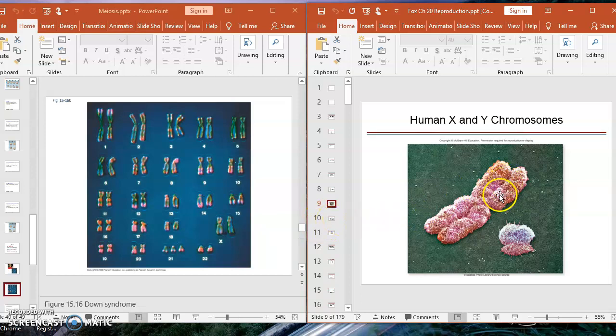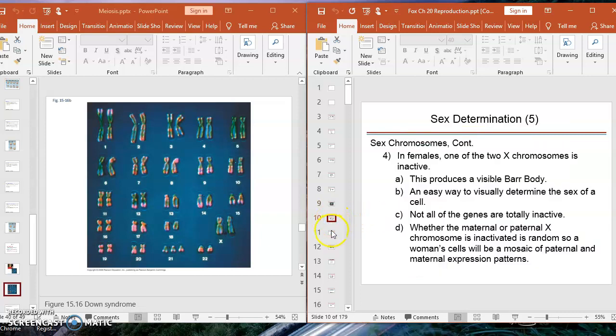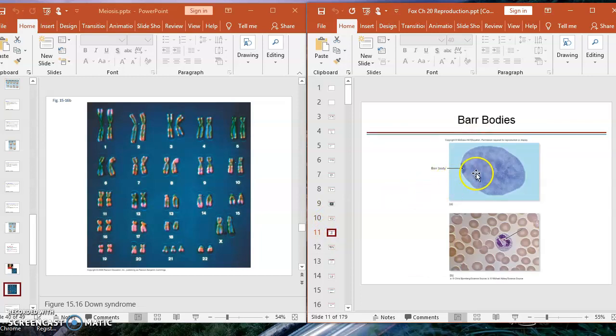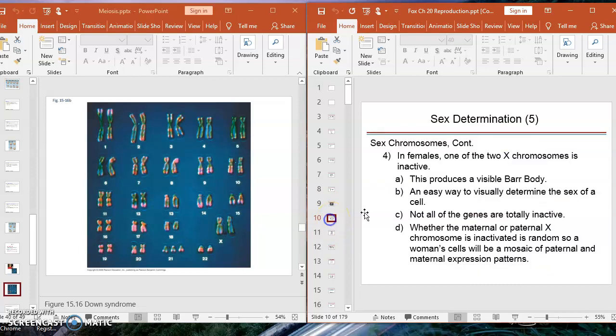One of the X chromosomes in the female becomes inactive. And what happens is that inactive one sticks to the corner of the nucleus. See, this is the cell, but that's the nucleus. And that corner sticking becomes a condensed chromatin, what we'll call a heterochromatin, termed the bar body. The bar body.